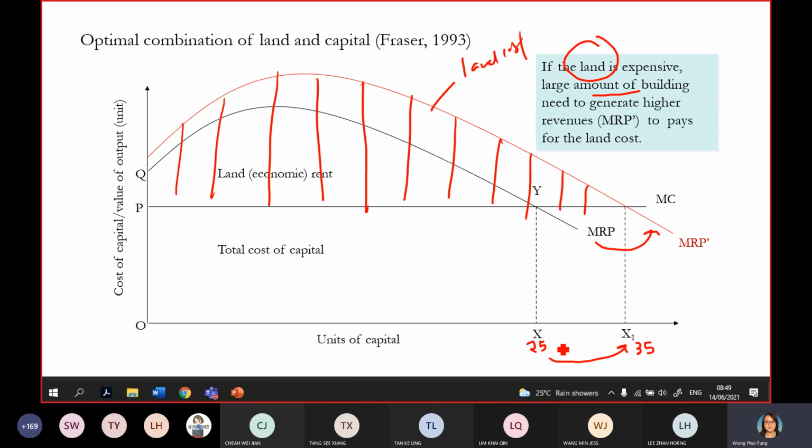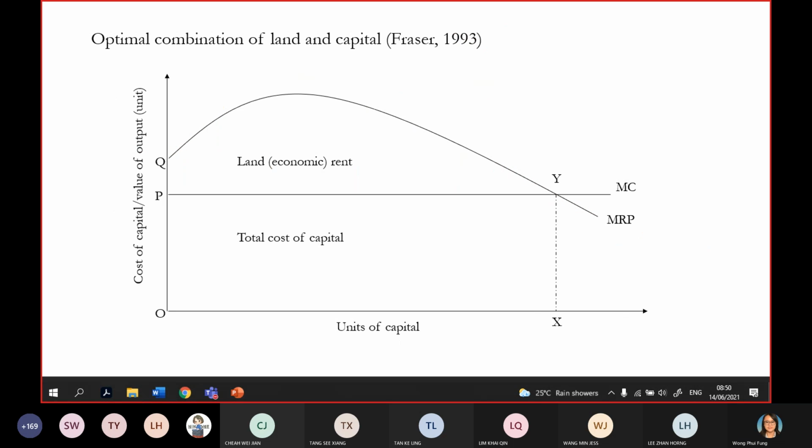So that is the reason why when we build higher to 35 floors, your MRP shifts outward. In that case, your surplus profit increases. Then the surplus profit that you generated can be used to pay for the land cost, because land cost is very expensive in city center. Okay, based on this graph.